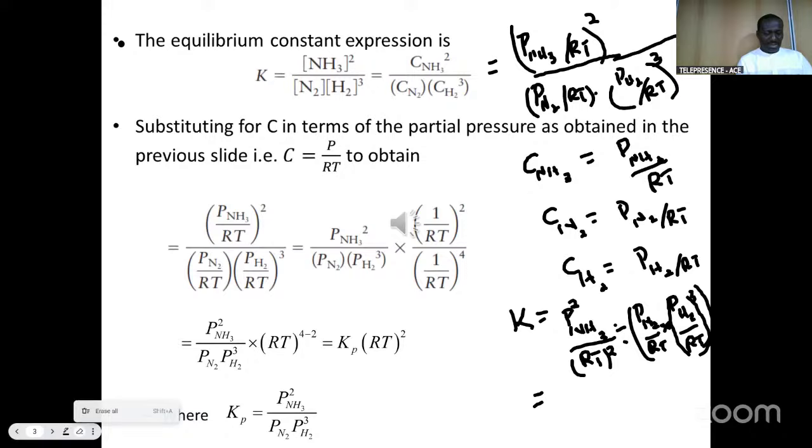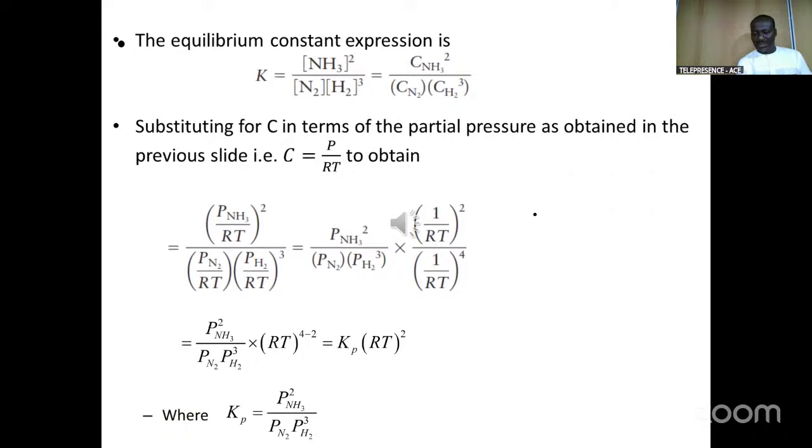We can write, therefore, that K will be equal to P NH3 squared over P N2 multiplied by P H2 cubed, all multiplied by RT raised to the power of 4 minus 2. Where do we get the 4 from?